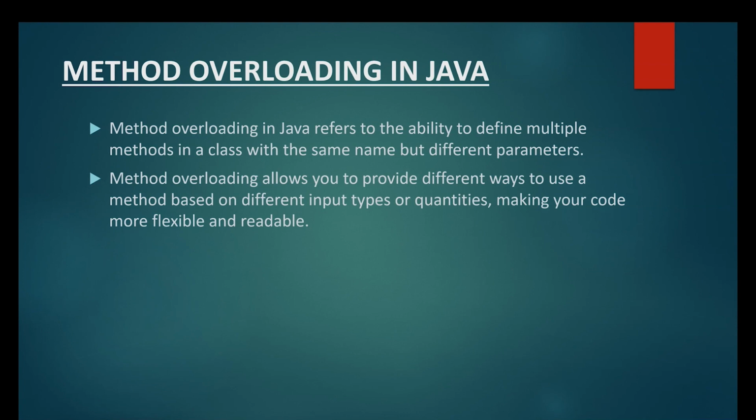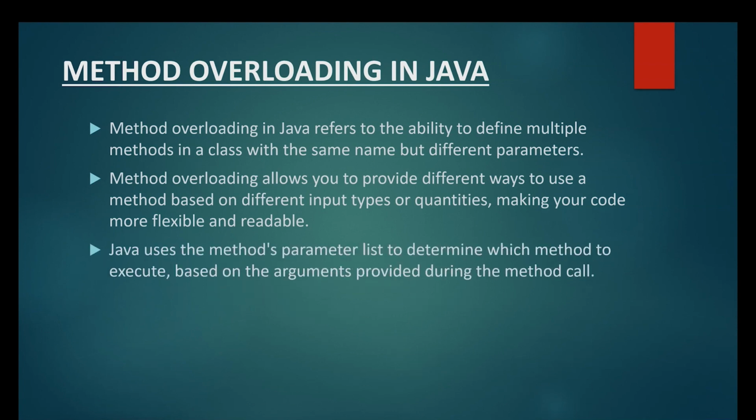Now let's move to the third point. That is, Java uses the method parameters to determine which method to execute. That's what I told you in the very first slide. Let us say you are defining methods with the same name but different parameters. How will Java know which method you are calling? It will identify the method based on the method parameters that you provide while calling the method.